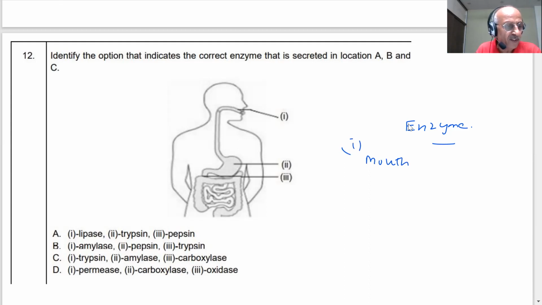If you have mouth, student, what is happening in the mouth? The mouth contains salivary amylase. You have saliva which contains an enzyme, which is amylase, student. You know the function of amylase enzymes.